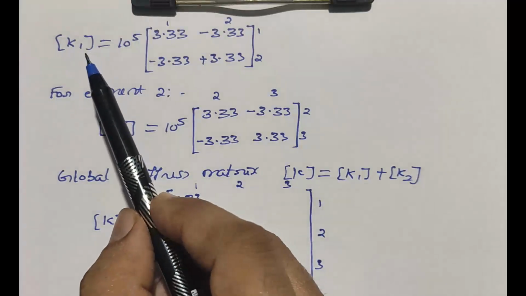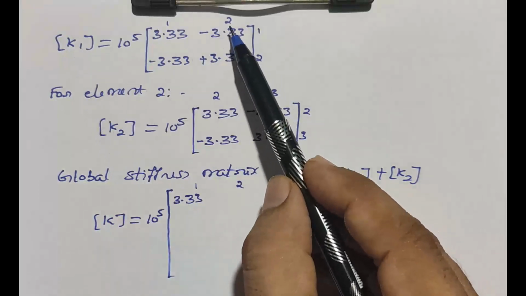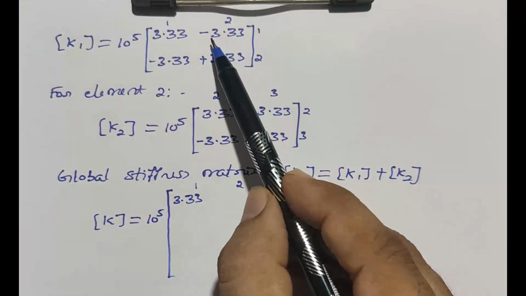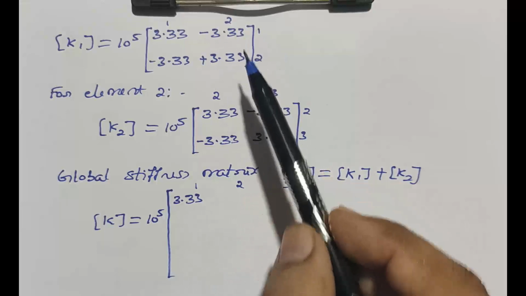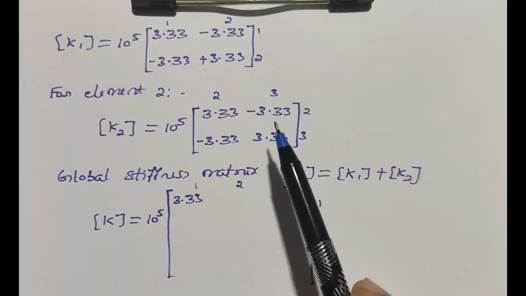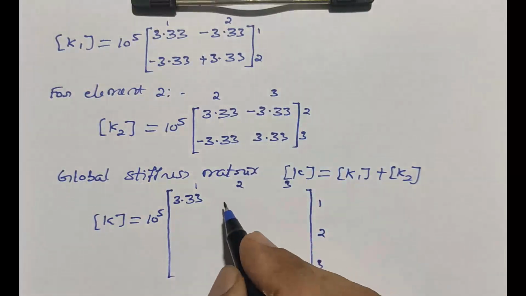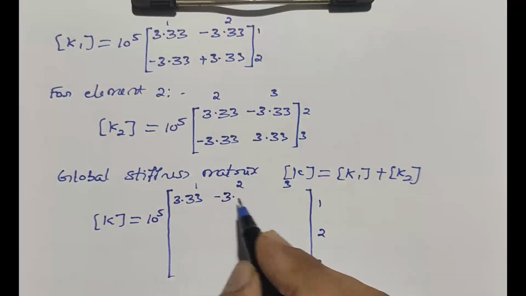In K1, the element corresponding to 2 and 1 is minus 3.33. But in K2 we don't have any element corresponding to 2 and 1. Therefore, in the global stiffness matrix the element corresponding to 2 and 1 is only minus 3.33.